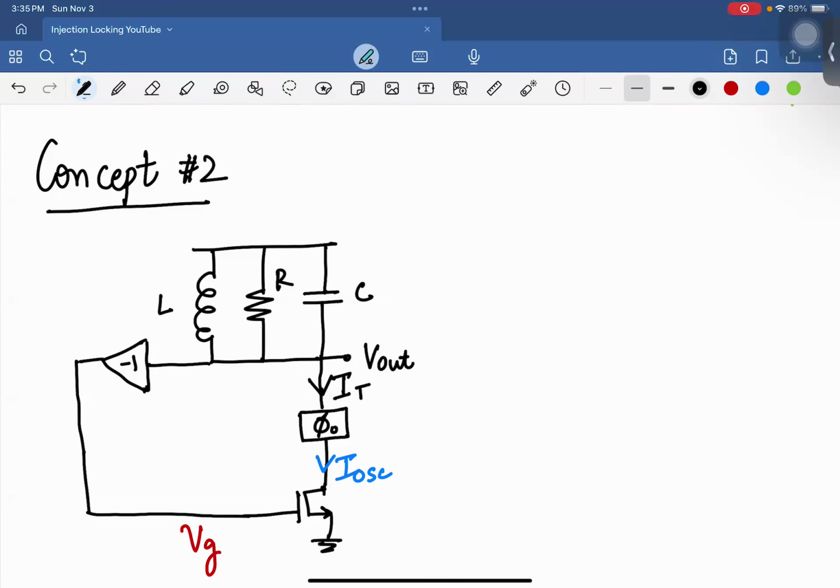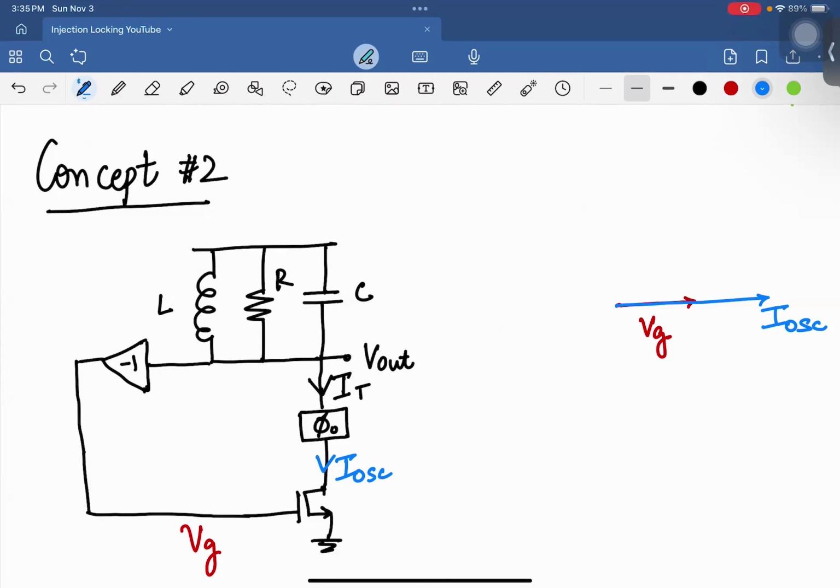Okay. So now again, if you go through this kind of Barkhausen criteria, what happens is that we start with again VG. So let's say that's VG. Then you have I oscillation in the same direction, right? Of course, because that's determined by the transistor. And VG and I oscillation for an ideal transistor are in phase, right?